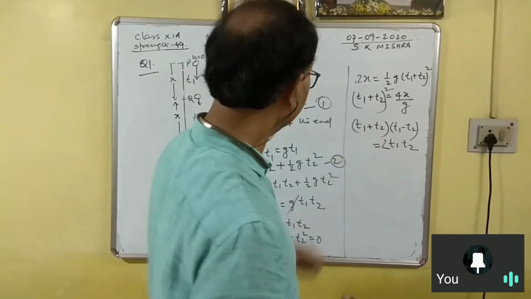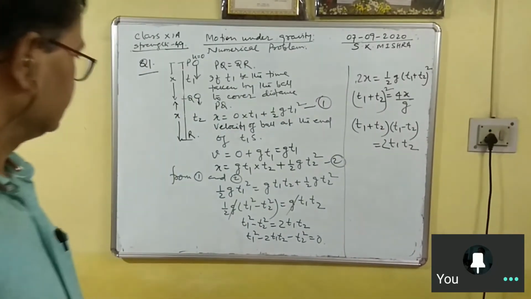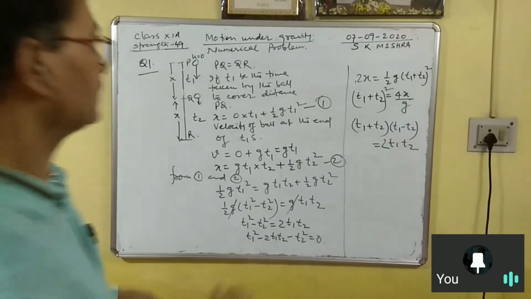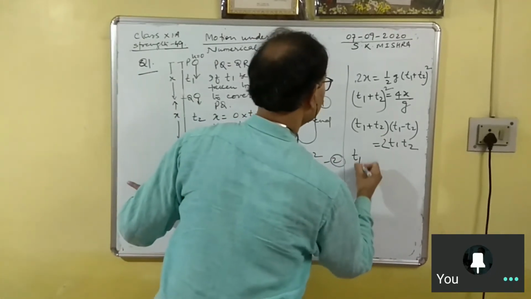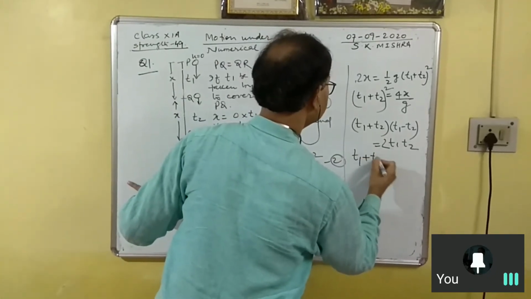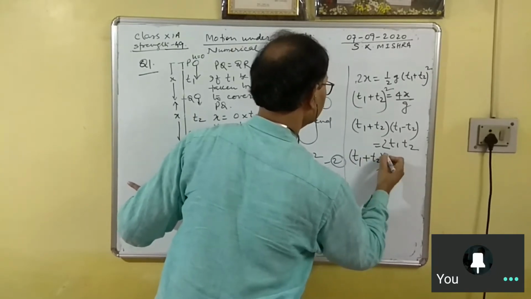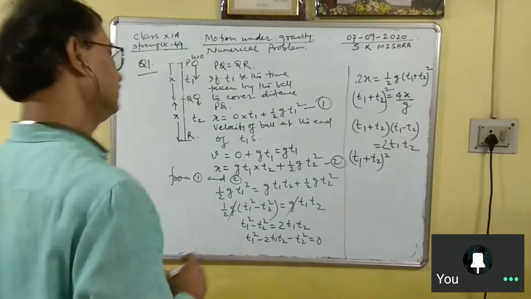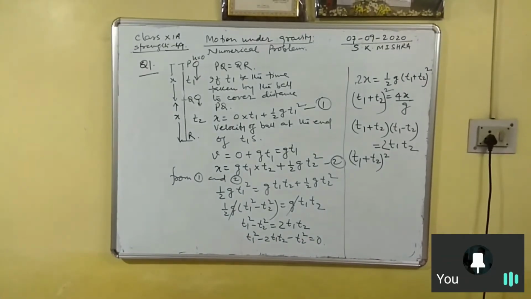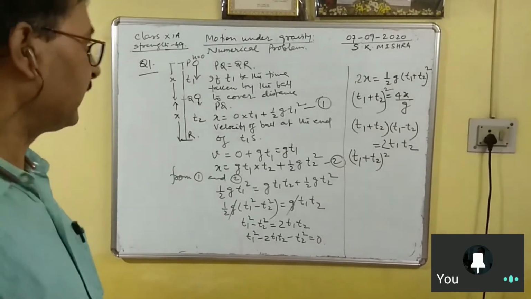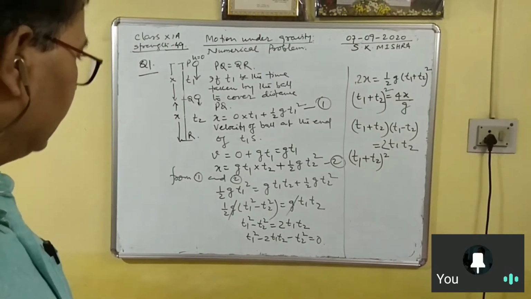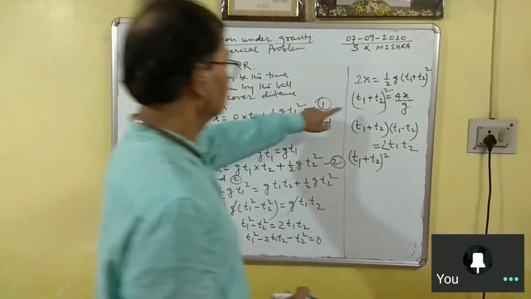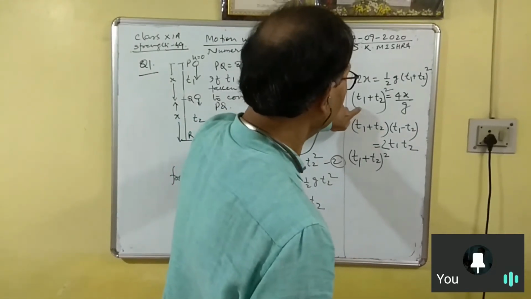So what you get? (T1 plus T2) whole square, T1 plus T2. Now the answer is 1 is to root 2 minus 1. So from here can you find it?